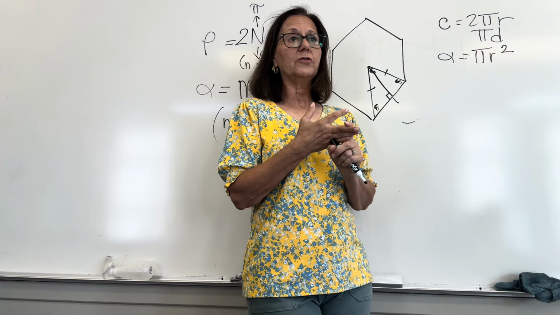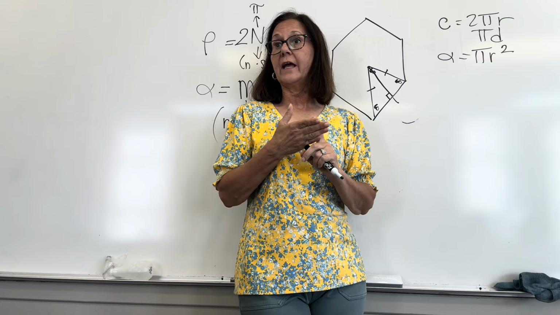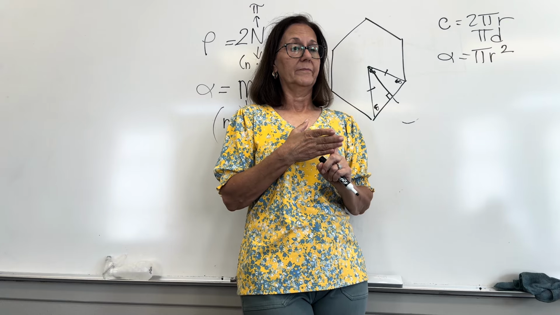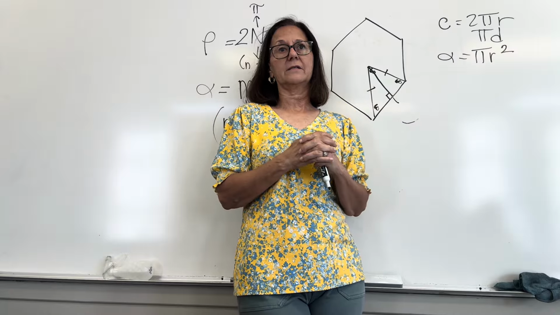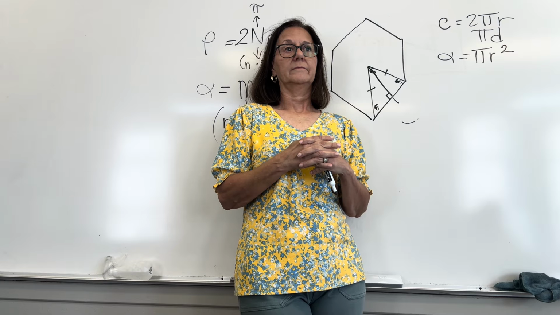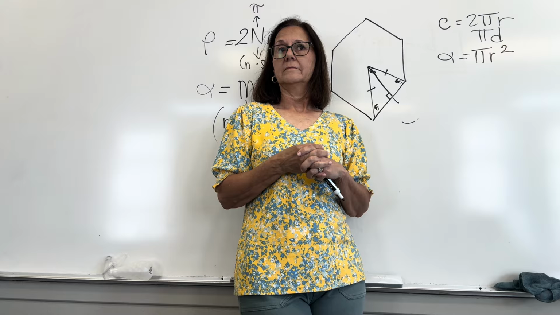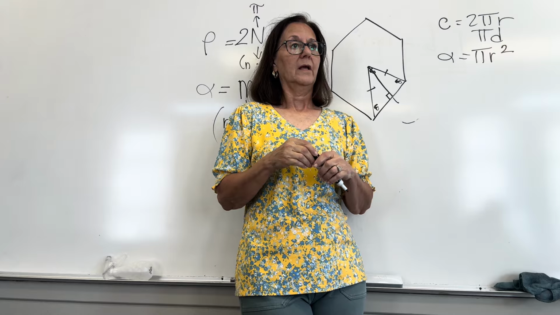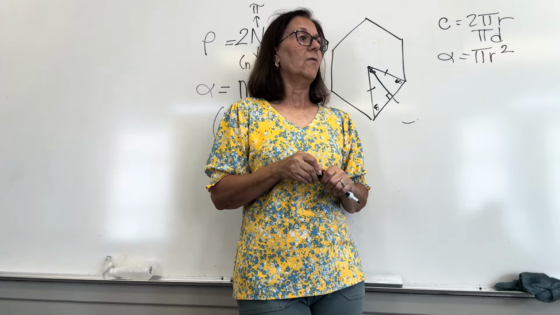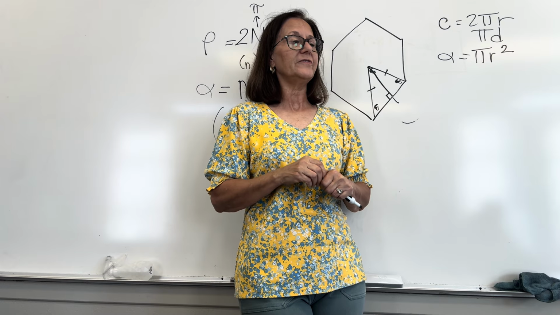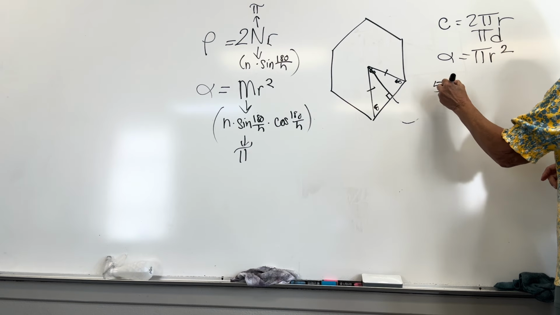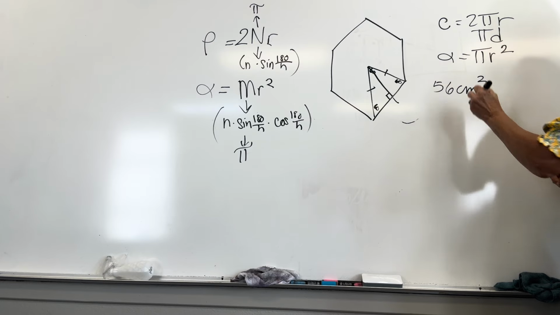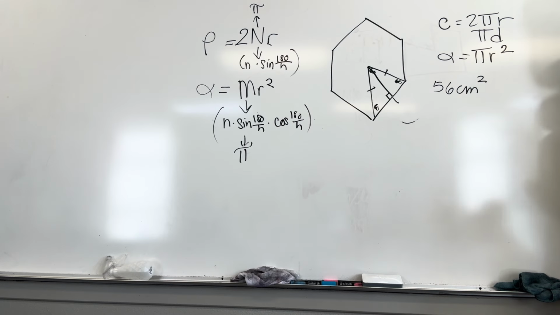If it were a circle, you could calculate the circumference and you could calculate the area, right? But what if I gave you the area? Could you calculate the radius? What if I told you the area was, let's just say, 56 centimeters squared. That's the area. How would we calculate the radius?